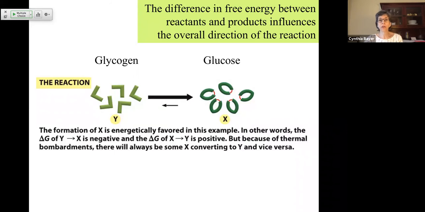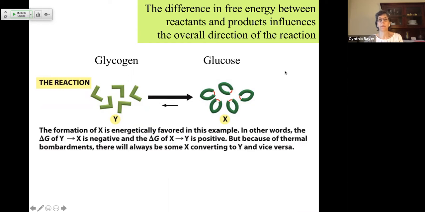But of course, because there's always some random motion of molecules and atoms, there is always some thermal energy. Some X will always be, rarely, but some X can be converted back to Y. Right?